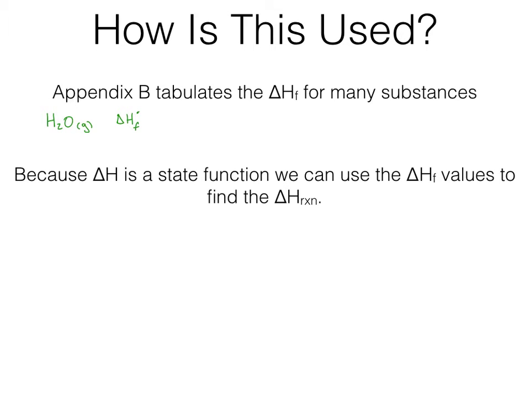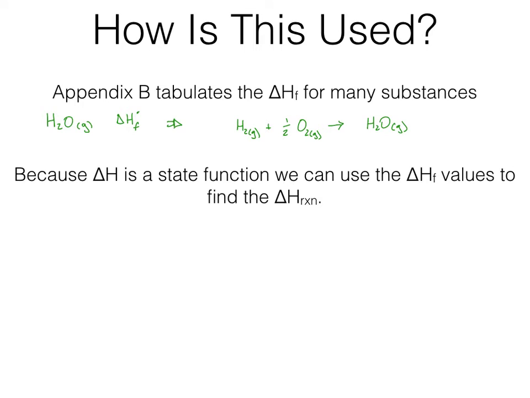Just like in the KA/KB table, where those values corresponded to a very specific reaction, these values also correspond to a specific reaction: the formation of 1 mole of the listed substance from the elements in their standard state. For gaseous water, it's creating 1 mole of water from hydrogen gas and oxygen gas.